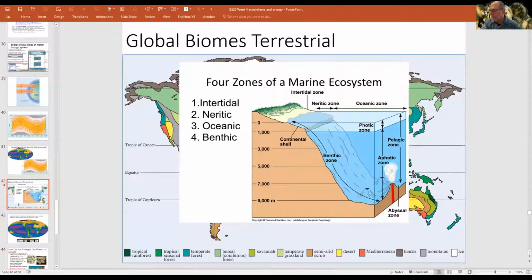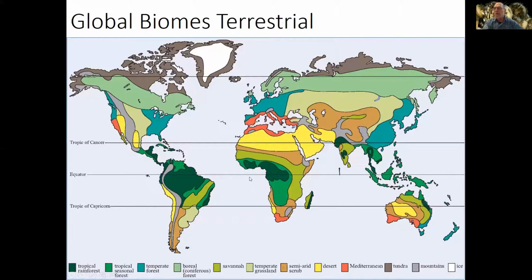Okay, let's see. So this combination of different energy inputs and different rainfall inputs produces a characteristic division of the planet into biomes. And so these are terrestrial biomes. Biomes are large regions with similar amounts of temperature and precipitation.